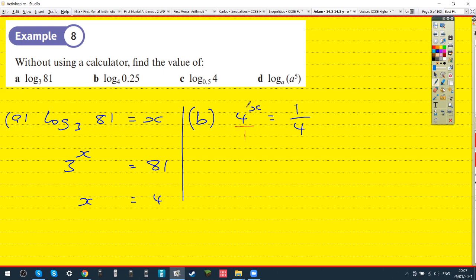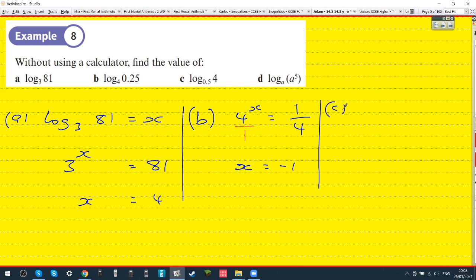What power makes 4 over 1 become 1 over 4? -1. Yep. The power is -1, so x is -1. This is just for intuition more than anything.